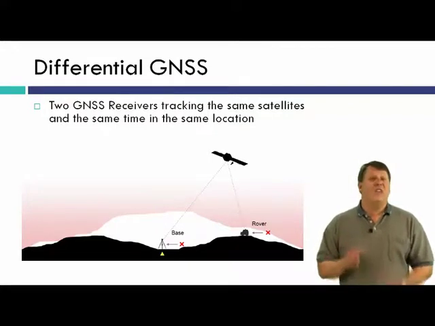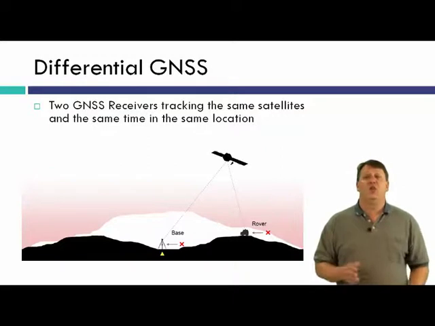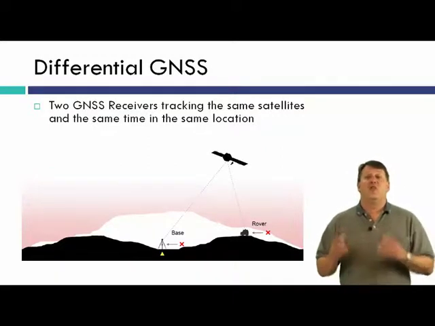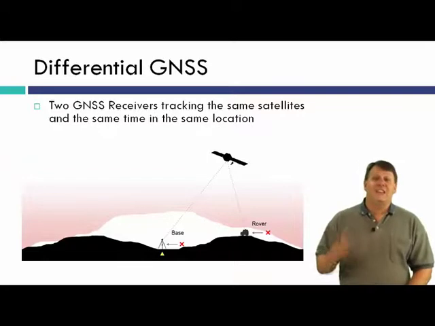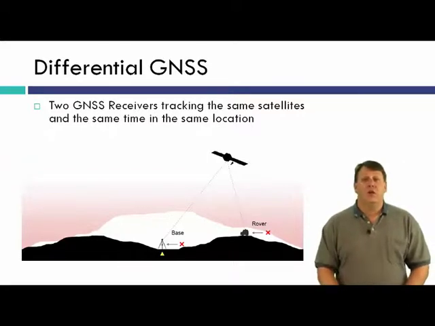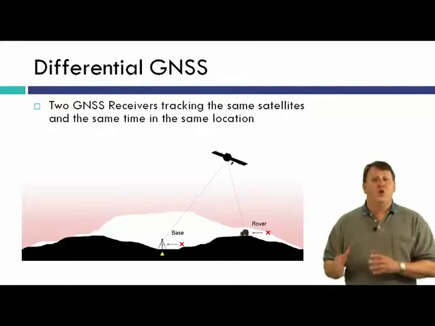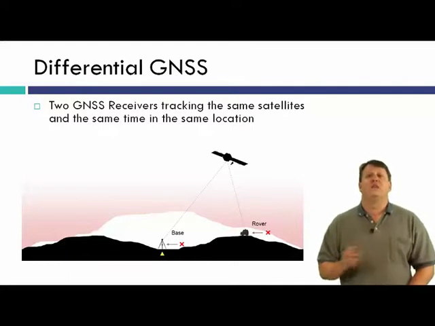We can just not figure out the error once and use it to correct all of our measurements. The reason why is the errors are constantly changing since the satellites are continuously orbiting the Earth. We have to have two receivers working simultaneously to do the job. The base station stays put and continuously monitors the errors.